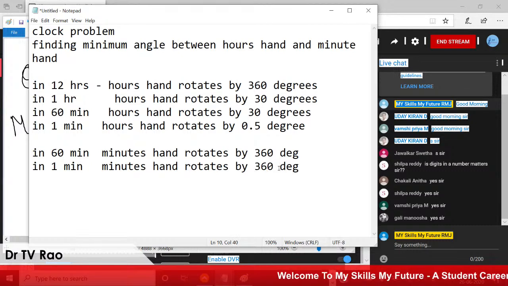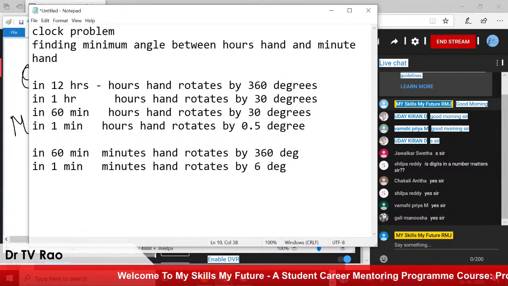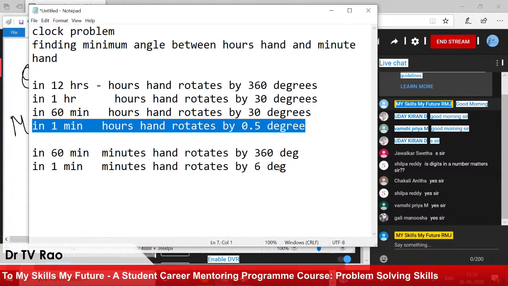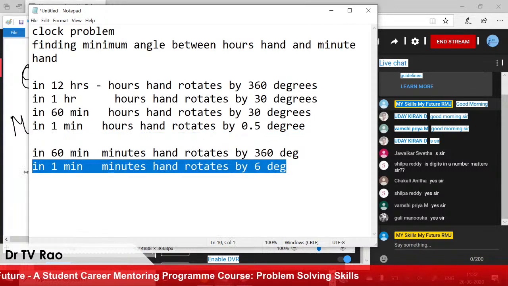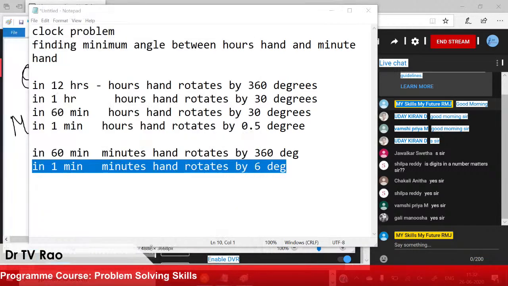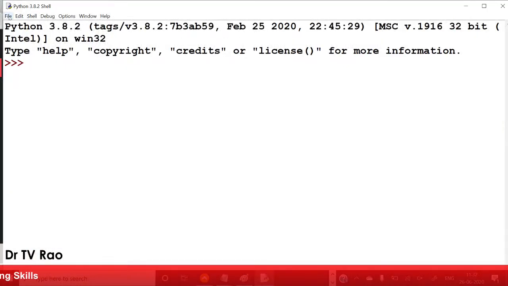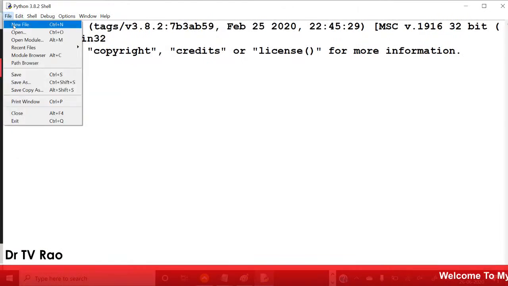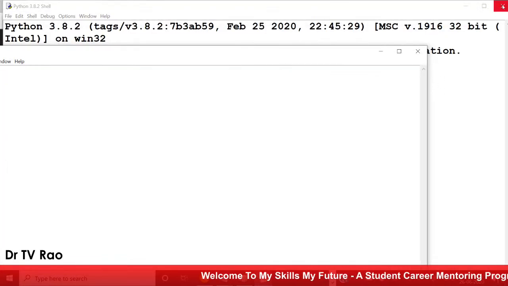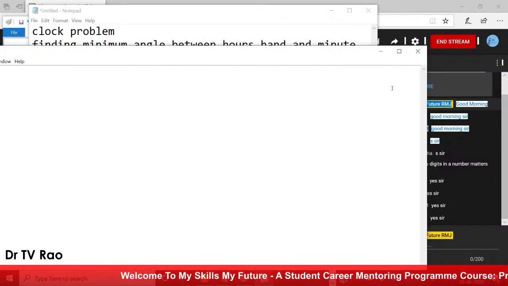So these two are very important pieces of information for solving the problem. Let us go to Python and solve it. Let us start a new file. Let us resize it so that our dialog window is visible.